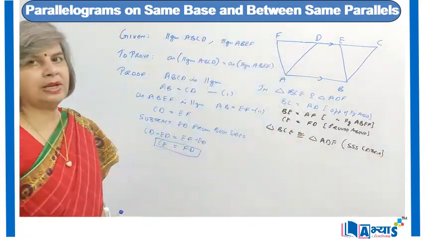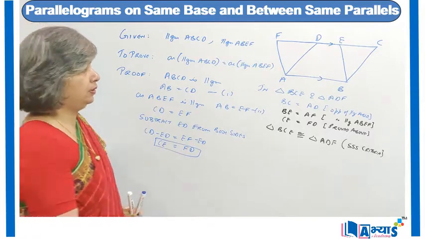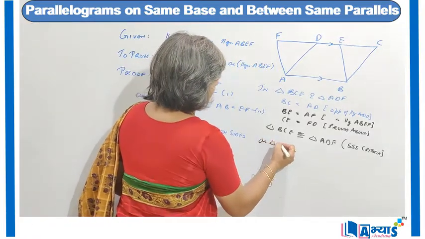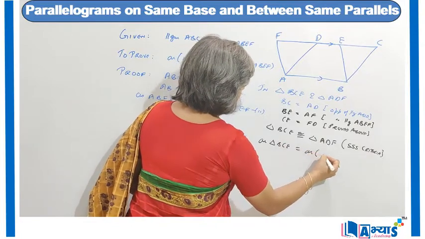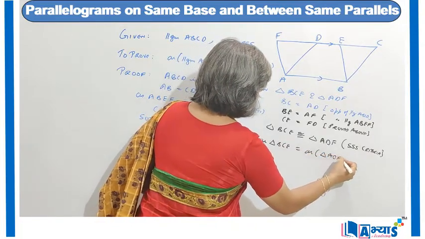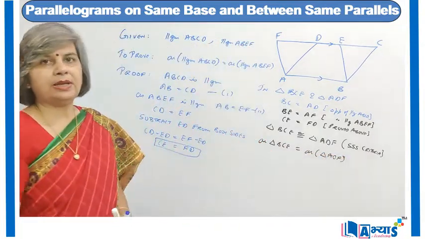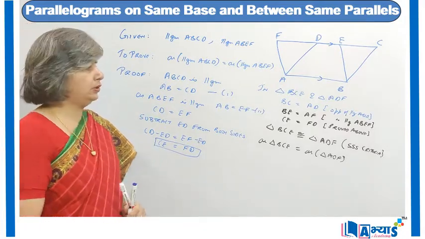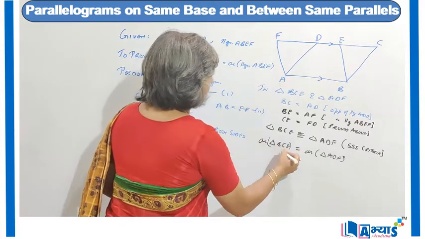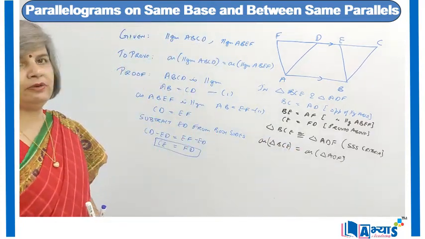Now as the two triangles are congruent, the area of triangle BCE will be equal to the area of triangle ADF, because we know that congruent triangles have equal area.